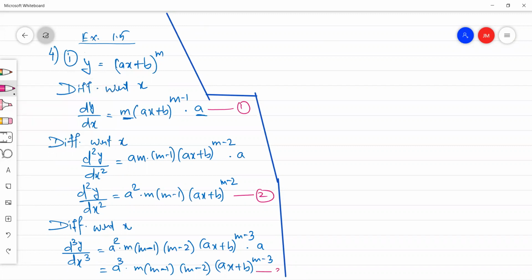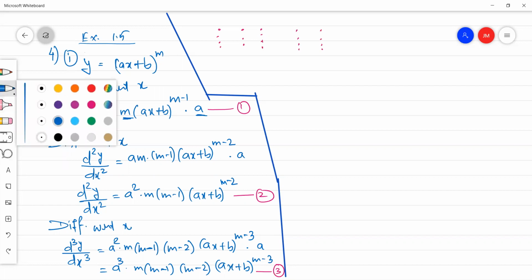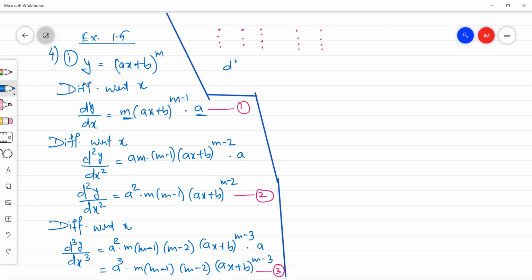If I continue the same process, what will I get? I will get the nth order derivative, dny upon dxn.